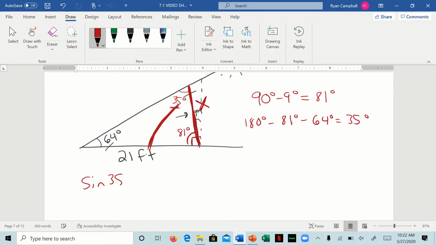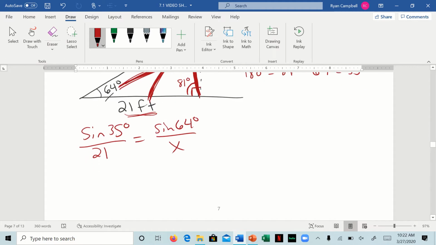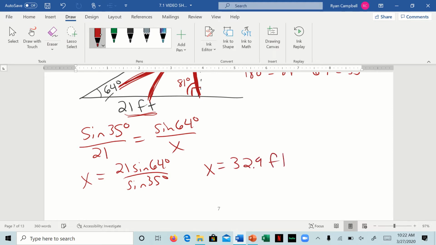So we can do sine of 35 degrees over 21 equals sine of 64 over x. Remember, this is what we're trying to find, and we already had this angle. So if we're going to use the law of sines, we need to know across from this 21, because that's the only other side that we knew. So we can see that x is going to be 21 sine of 64 degrees over sine of 35 degrees, which means that x is 32.9 feet.